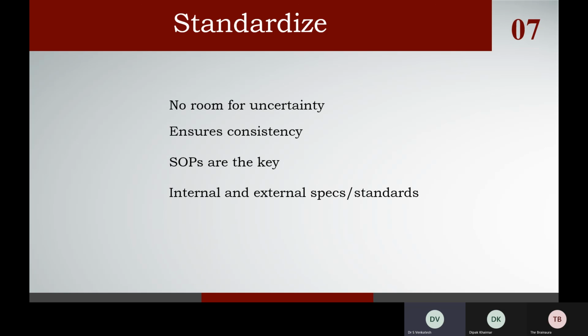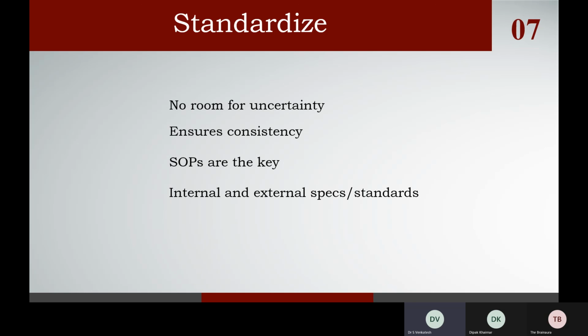The key tool we use is SOPs, standard operating procedures. And like mentioned in the previous session, we can use internal and external specs and standards for implementing this step. So it is left to us.